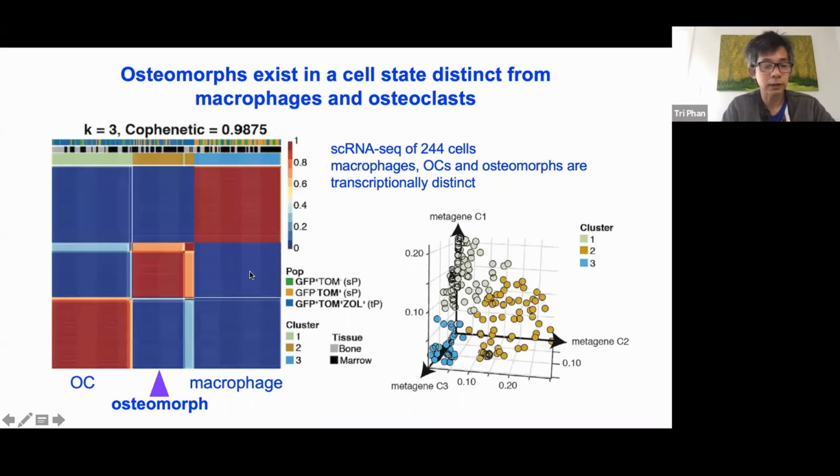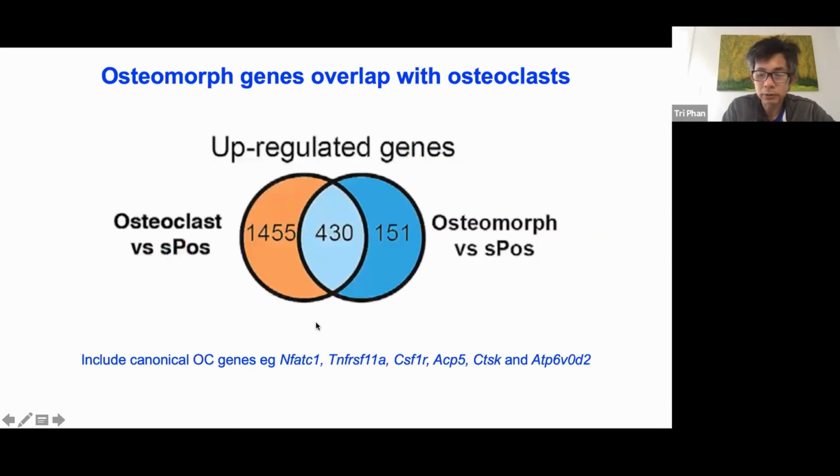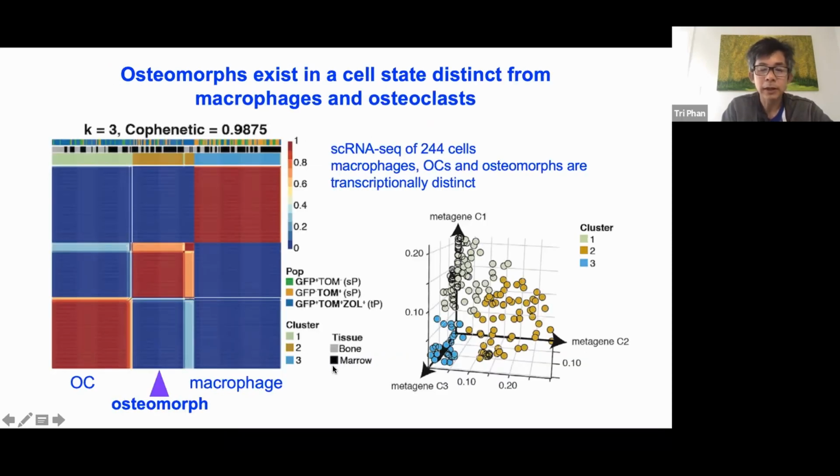And this is just very briefly showing you that when we sort cells from the bone marrow in black, and from the bone, and we sorted single positive cells, so green only, red only, and then also triple positive cells, green and red, that have accumulated bisphosphonate from these two tissues, and done dimensionality reduction, 3 populations really stand out.